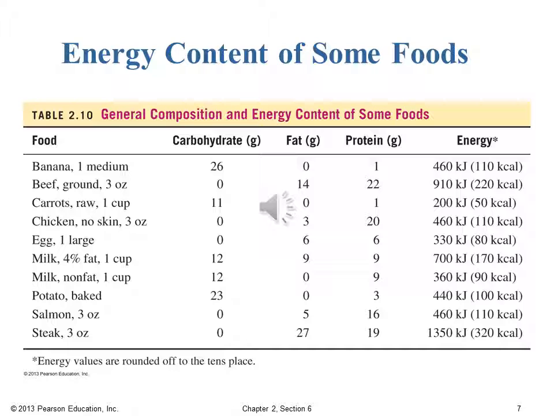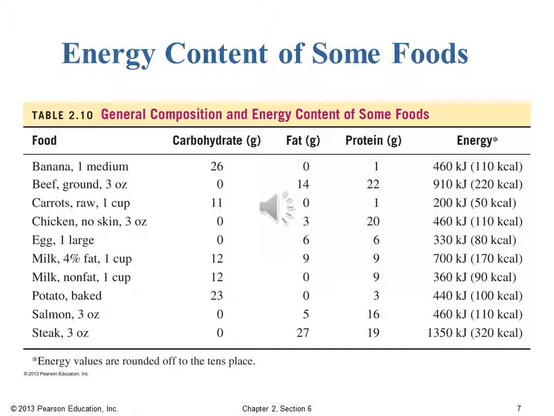If we look at the next entry, the beef, we've got roughly twice the calories of that banana with essentially no carbohydrate. All of that is fat and protein. So again, that protein is good for us, but the fat there on that ground beef is probably a little high. Hopefully you could opt for a leaner cut, get still all that protein and not so much of the fat. And then we have a number of other things listed.